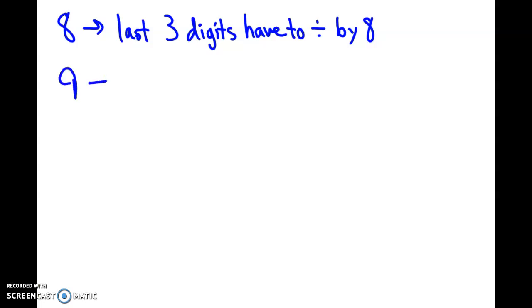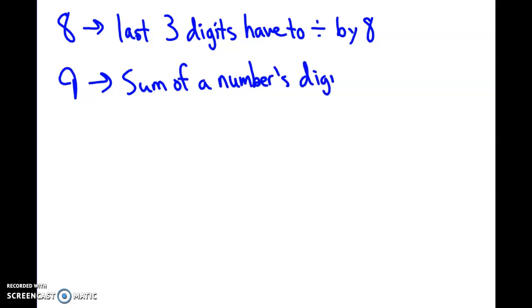Number 9 is another variation of the rule for 3. So the sum of a number's digits is a multiple of 9.